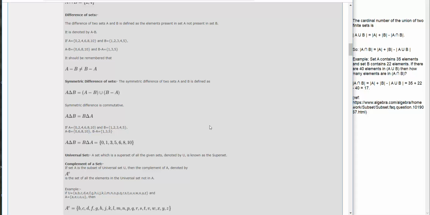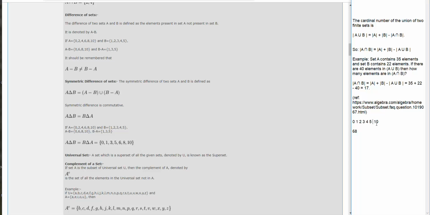So if we have the number of elements here, it's 0, 1, 2, 3, 4, 5, 6, 8, and 10. There's no 9 and there's no 7. If you intersect B with A, 2 is there, 4, and that's about it.